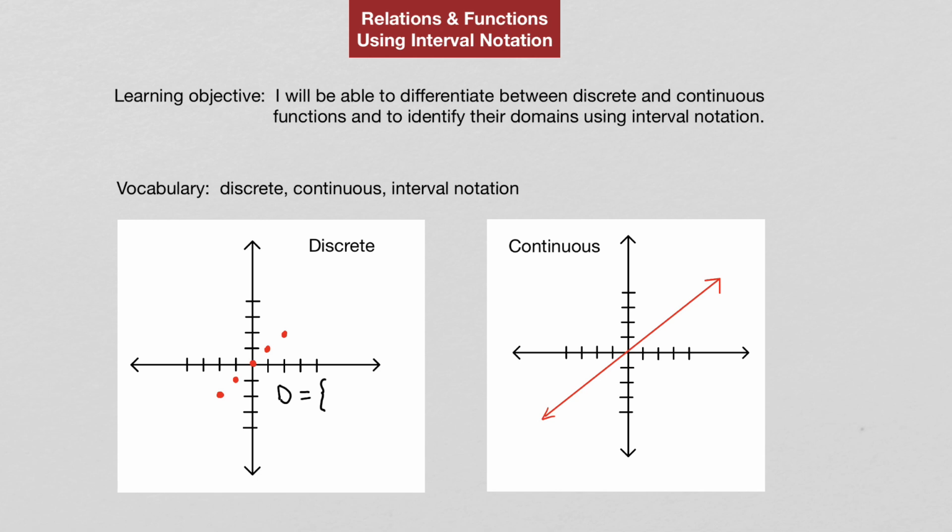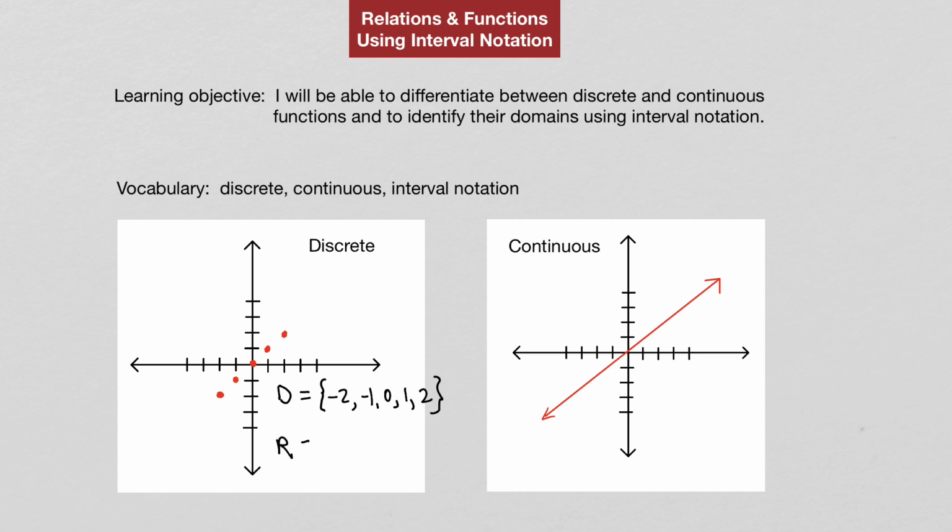And if you take a look at all of the values along the x-axis, since we're looking at the domain, we have the values -2, -1, 0, 1, and 2. So we're going to go ahead and write that in, -2, -1, 0, 1, and 2. And that makes up our domain.